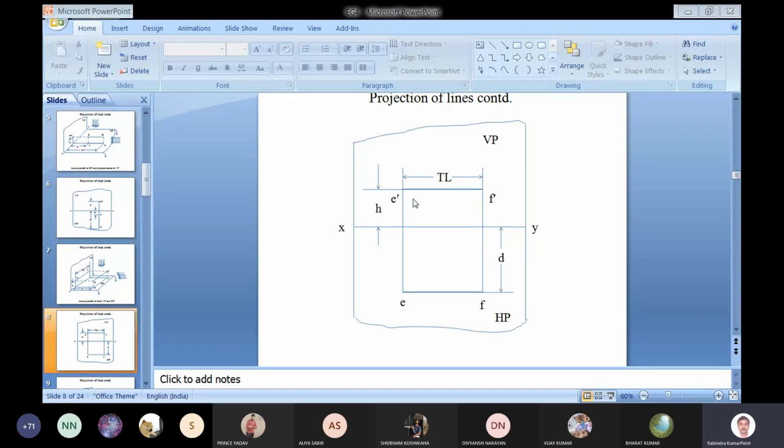This is the front view, that is E dash F dash is the front view and ef is the top view.